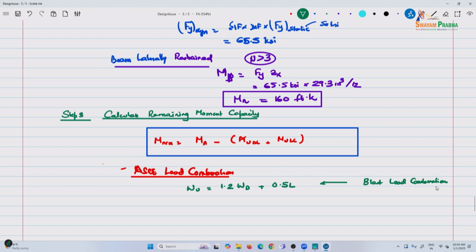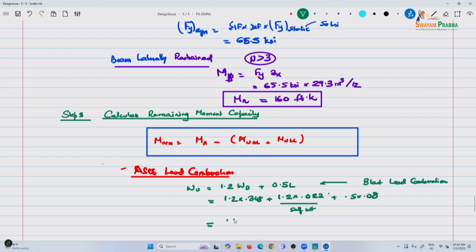So, we use roof live loads are much lower. So, this comes to 1.2 times 0.348 plus 1.2 times your dead load, this is your self weight, plus 0.5 times 0.08.